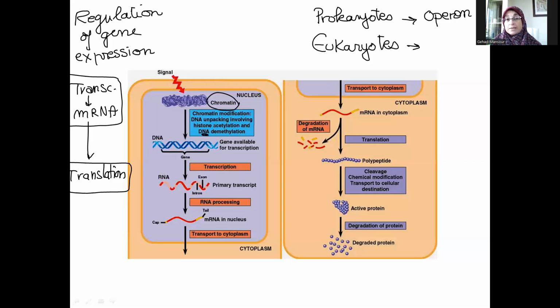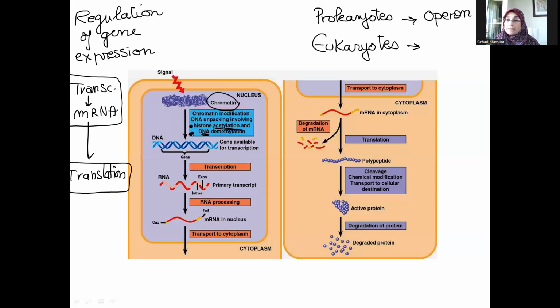Similarly, acetylation of histones will activate the process of transcription of DNA. So at this level of chromatin, we can regulate gene expression through histones and through DNA.